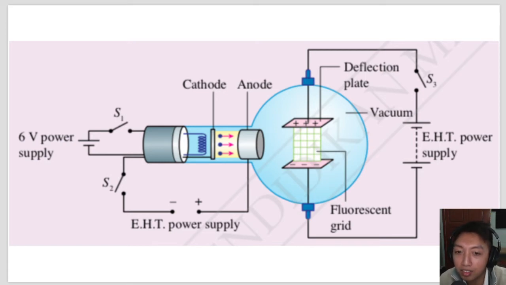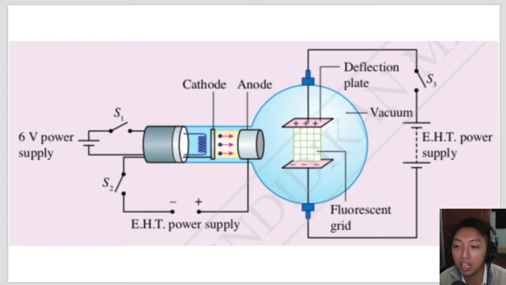And so when this thermionic ray or cathode ray shoots out, it goes between these two plates. Now these two plates are positively and negatively charged, right? So whichever side the positive plate is on, the cathode rays will tend to bend or curve in that direction. See?